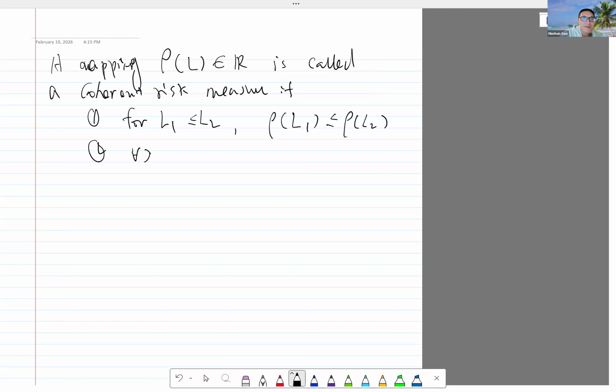Second, for any lambda larger than or equal to 0, rho of lambda L equals lambda rho of L.